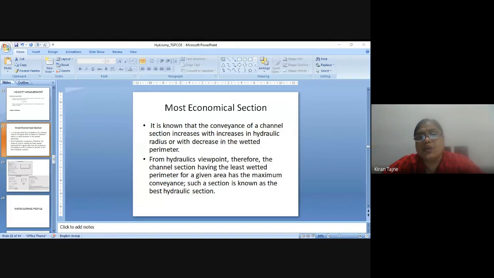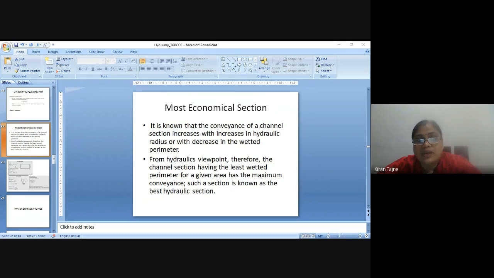It is known that the conveyance of the channel section increases with increase in the hydraulic radius or decrease in the wetted perimeter. So from a hydraulics viewpoint, the channel section having least wetted perimeter for a given area has maximum conveyance. Such a section is known as best hydraulic section or most economical section.